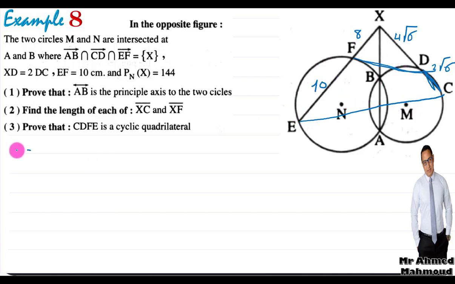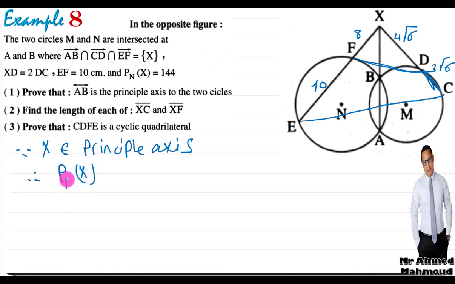Okay, since X belongs to the principal axis, therefore the power of X with respect to M equals the power of X with respect to N. Therefore XD times XC equals XF times XE.